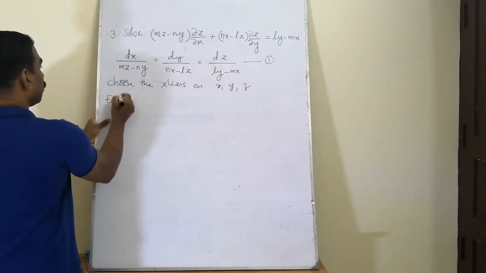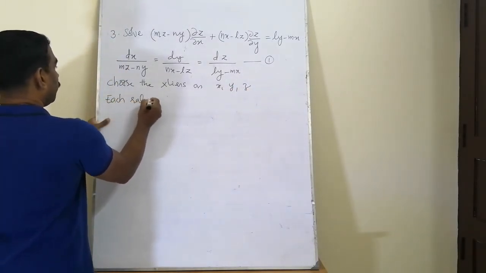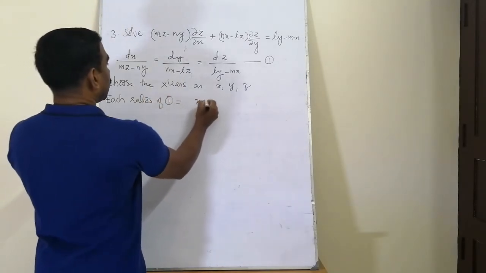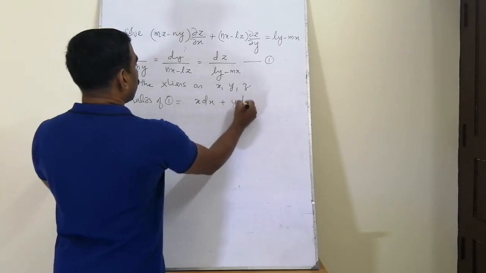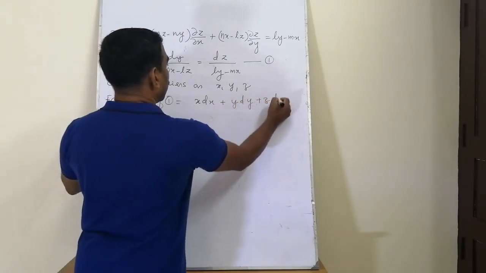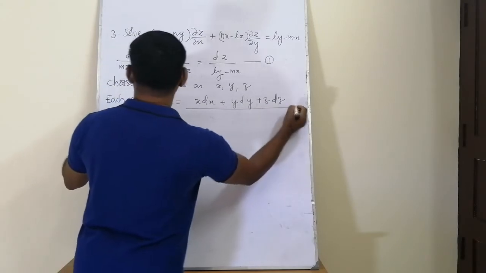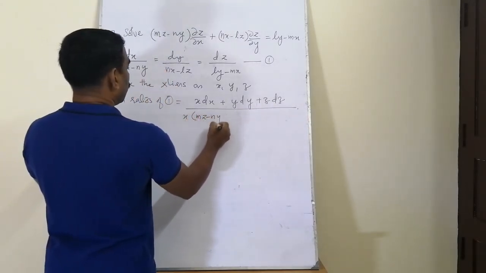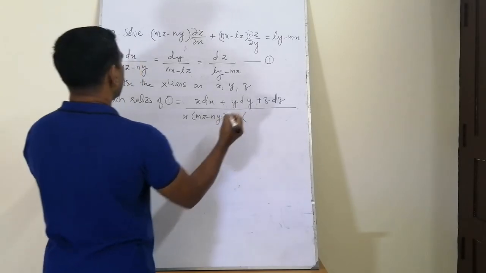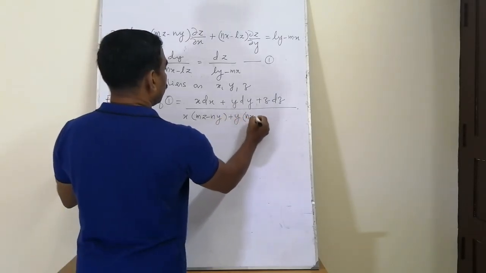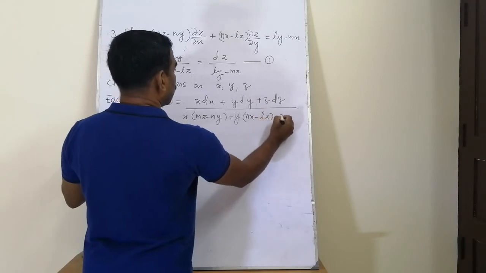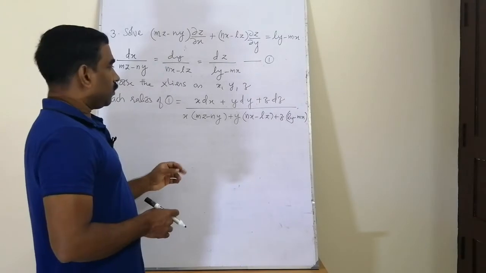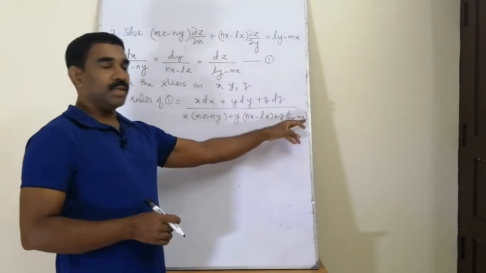Then each ratio of equation number 1 is equal to a fourth ratio, x dx plus y dy plus z dz, divided by x into mz minus ny, plus y into nx minus lz, plus z into ly minus mx. Suppose we are adding the denominators of the fourth ratio.